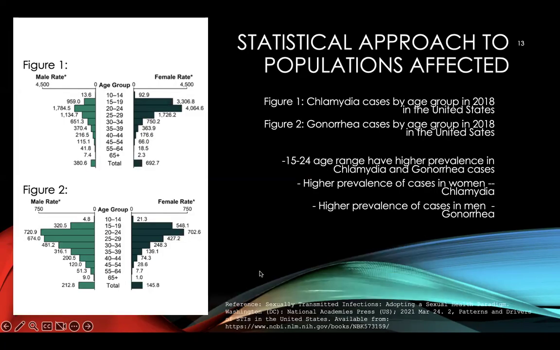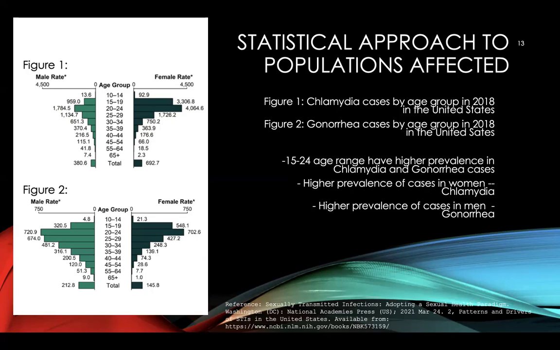So the next couple slides are going to be some stats and graphs that go along with chlamydia and gonorrhea. So in this approach right here, it's talking about the different populations affected. So in the first figure, it talks about chlamydia cases, and then figure 2 talks about gonorrhea cases. And as already mentioned previously, age group 15 to 24-year-olds have the higher prevalence in chlamydia and gonorrhea cases.